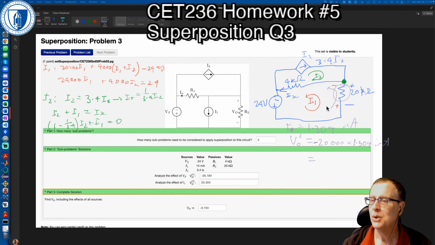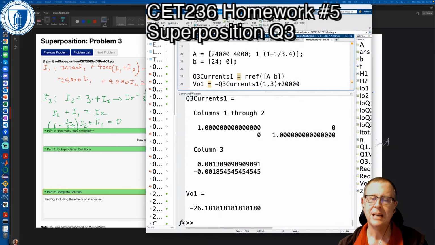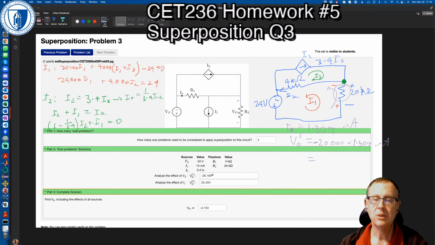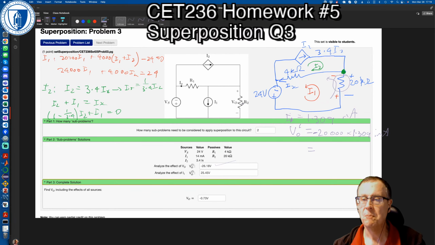I just need to know that the polarity of my mesh for I1 is different from the polarity of the output voltage. And if I do that, I get a Vout1 of minus 26.18 volts, which is what I got here, so that's good.